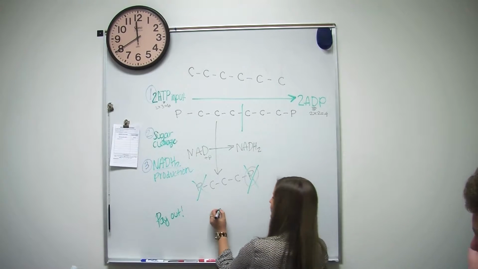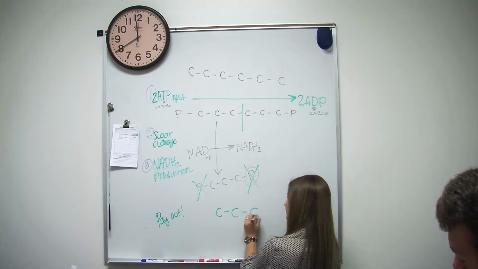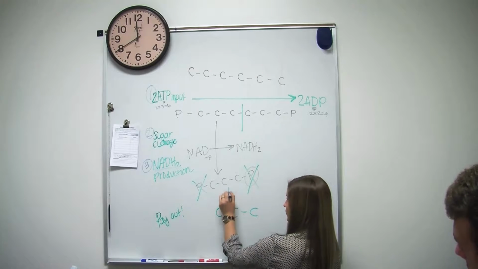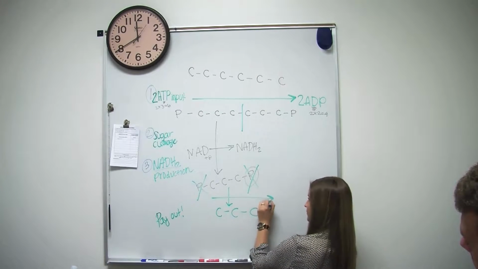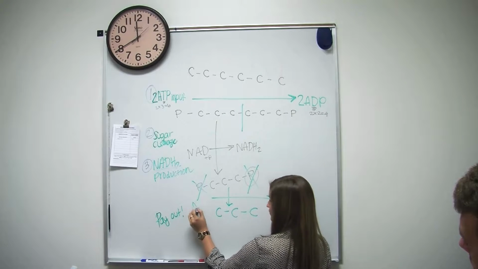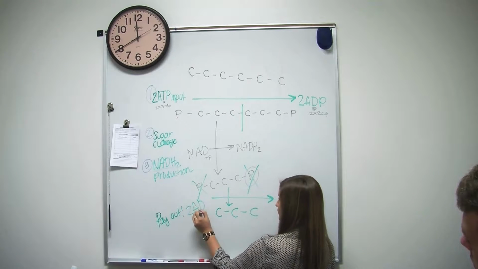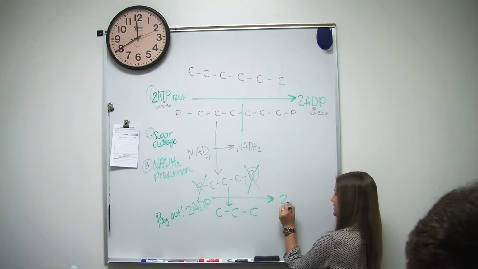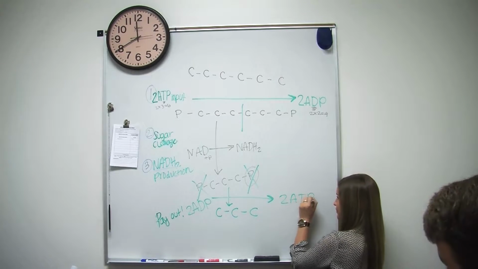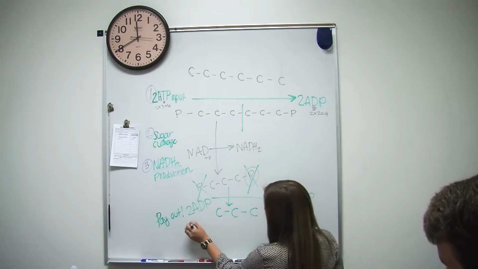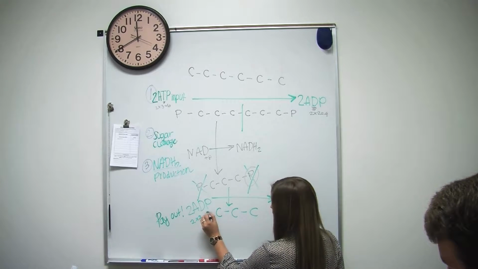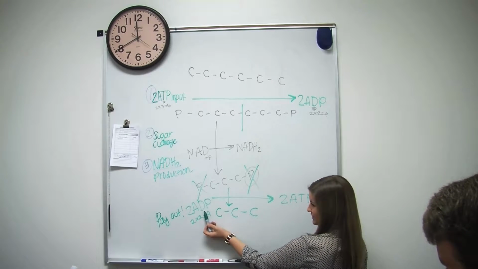How? What was the arrow for? Oh, the ADP goes into ATP, right? ADP is going to go to 2 ATP. So we had 2 times 2 equals 4, 2 diphosphates.